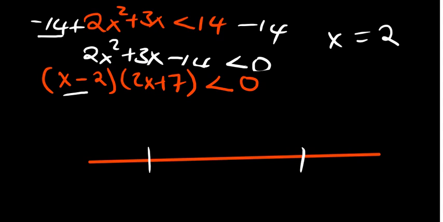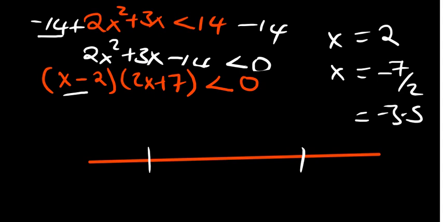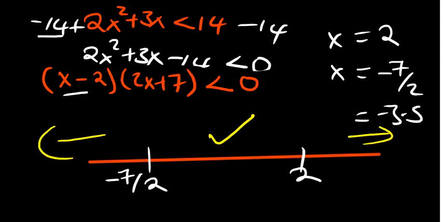Then the other part is going to be negative 7 over 2, which is negative 3.5, right? So the way you solve an inequality is either the middle part is a solution or these outer parts together are the solution set.